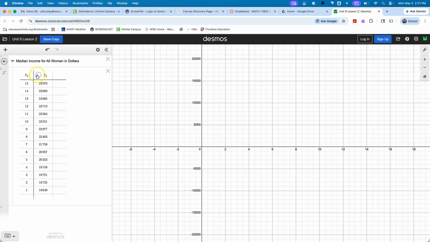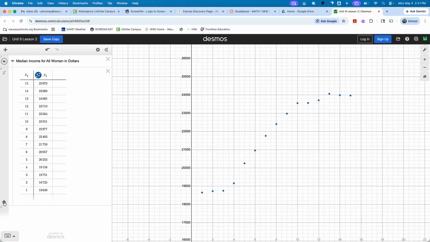So here I inputted the data into Desmos using a table. There's the data from the women.